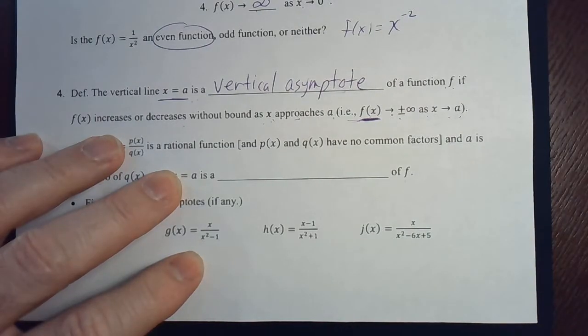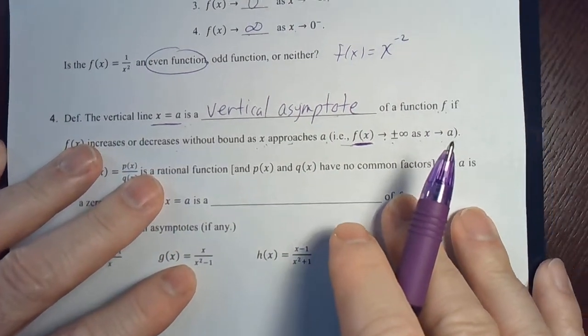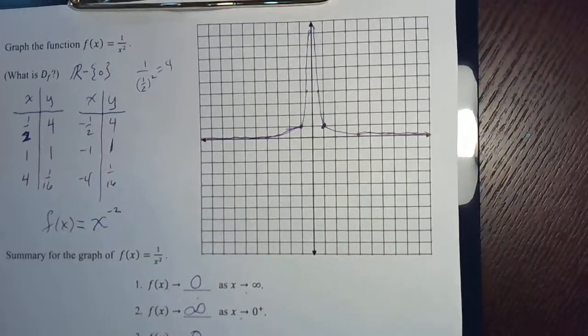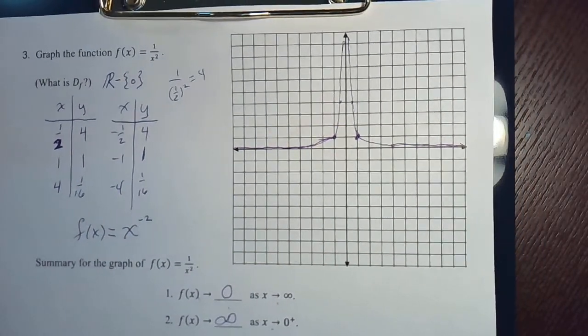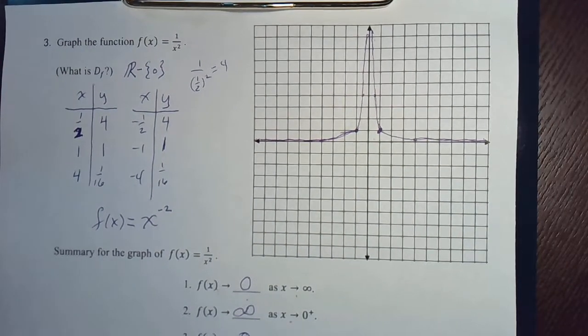A vertical asymptote. And just to go back to this graph for a second, do you think there's a vertical asymptote in this graph? Is there a value of x where, as x approaches that particular value, the height of the function increases to infinity or decreases to negative infinity?